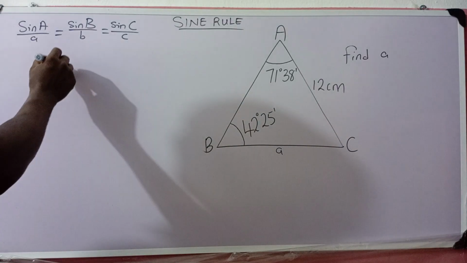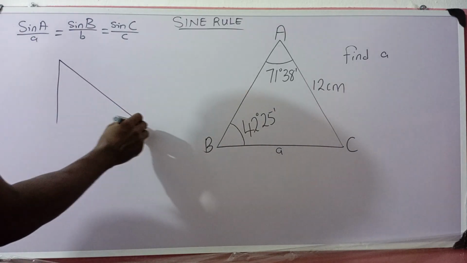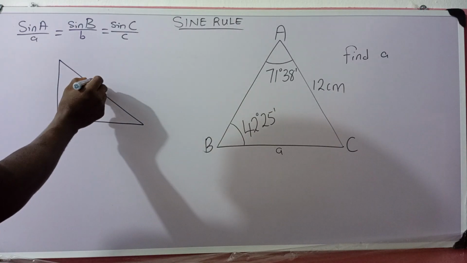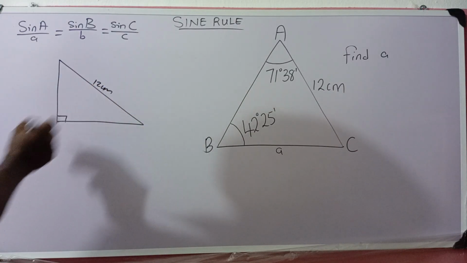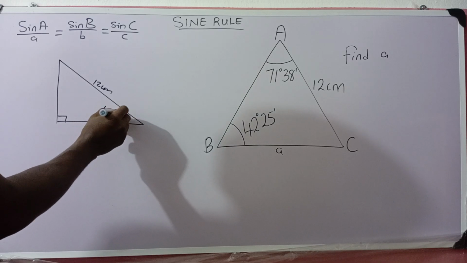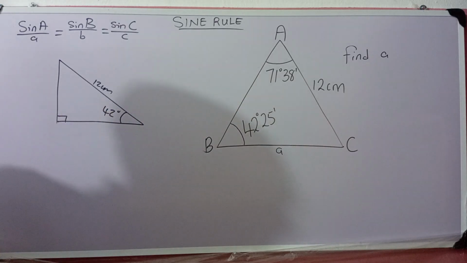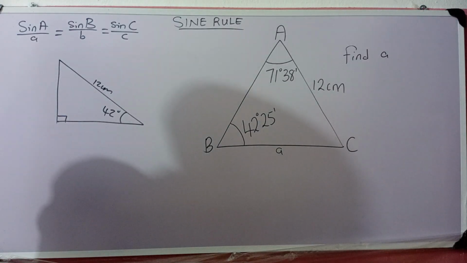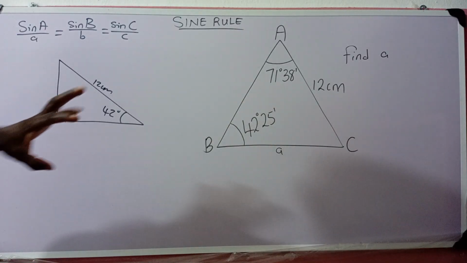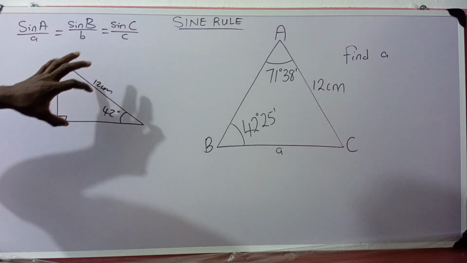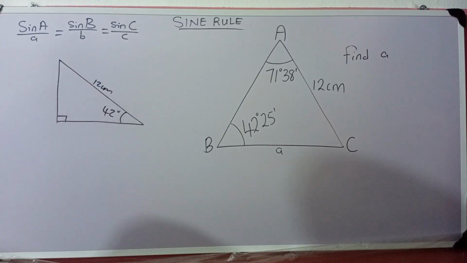Because in a right angled triangle, for example, if one has a question like this, 12 centimeter and an angle 42, one can be asked to find the unknown sides of the triangle using the comparison of the trigonometric ratios. Using the concept of SOHCAHTOA, we can resolve this particular kind of question.